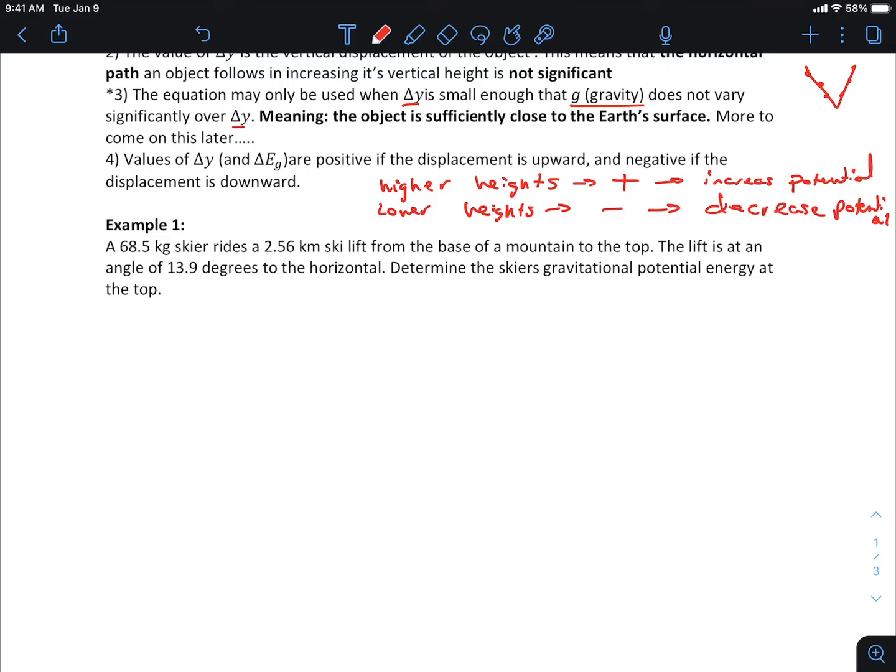So I'm just going to draw myself a little free body diagram. And the ski lift goes, well, we know it's at 13.9 degrees. And we've got the rider going up the mountain, and we know that the distance is 2.5 kilometers up there.